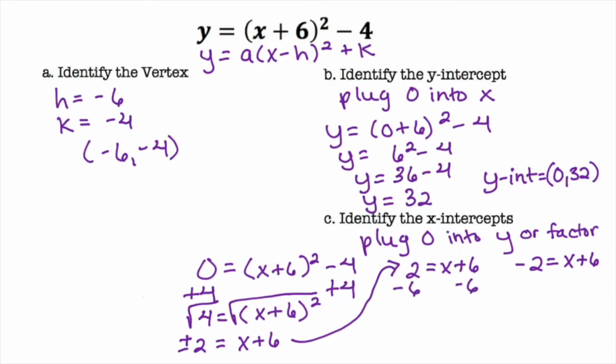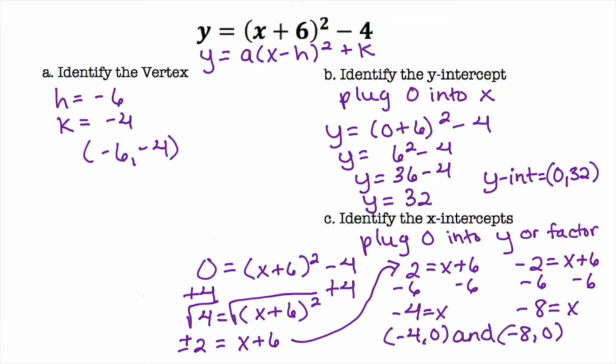We subtract 6 on both sides, and you get x equals negative 4. Then for the negative 2 one, we subtract 6 on both sides and get x as negative 8. So your two x-intercepts would be negative 4, 0, and negative 8, 0, because the y's need to be 0 in order for them to be x-intercepts.